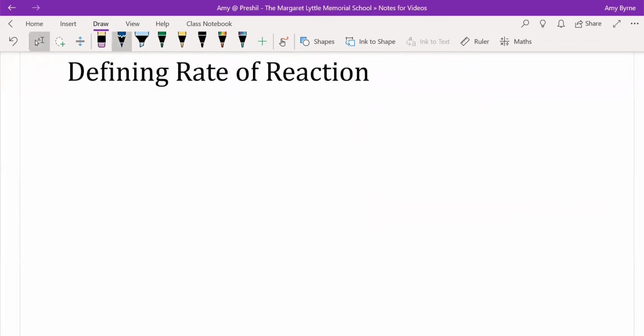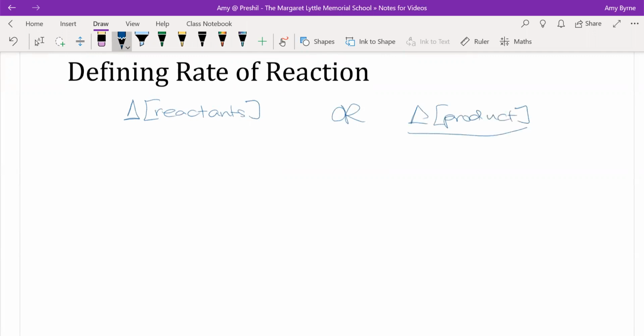So the IB defines rate of reaction as the change in the concentration of either reactants or the change in the concentration of product over time.